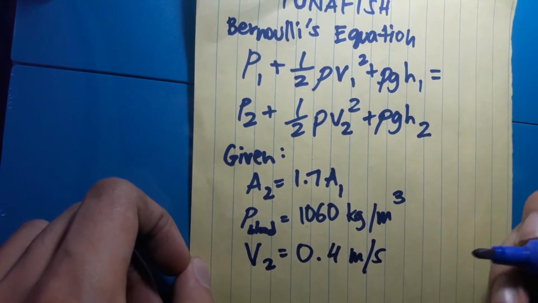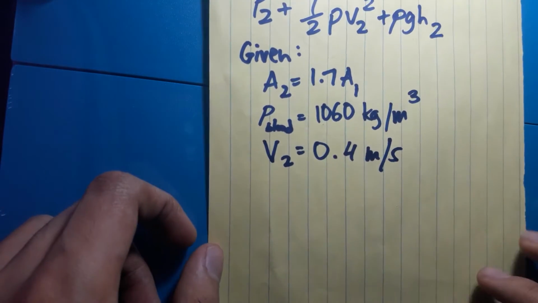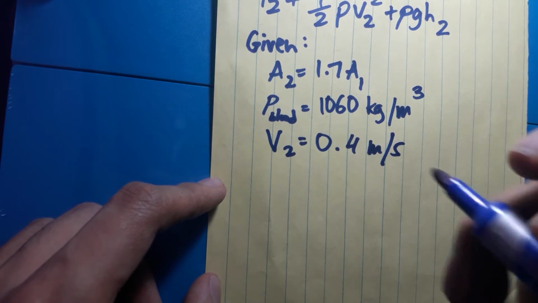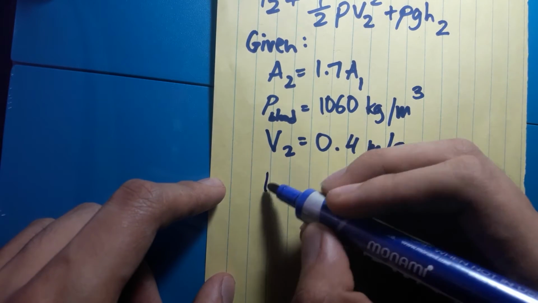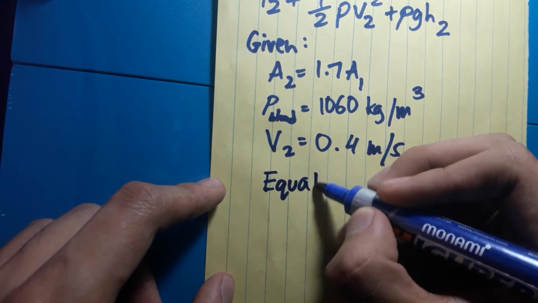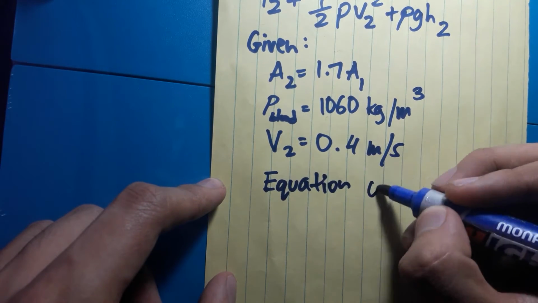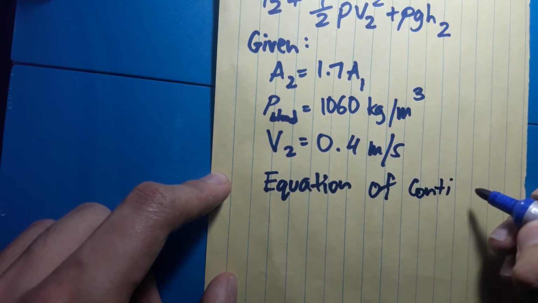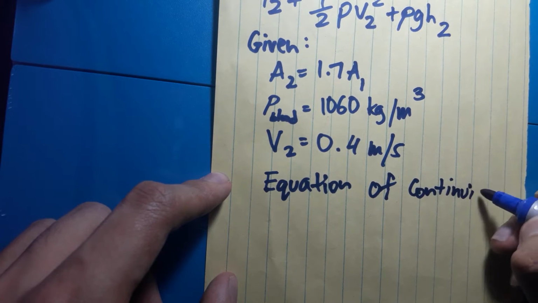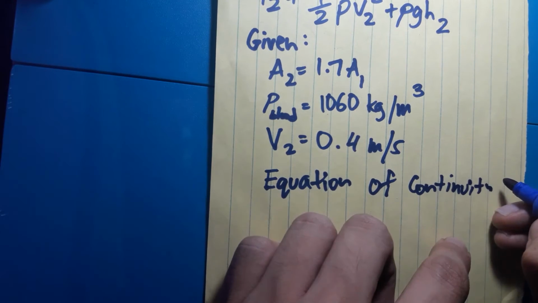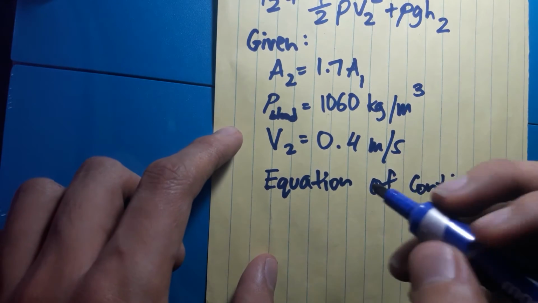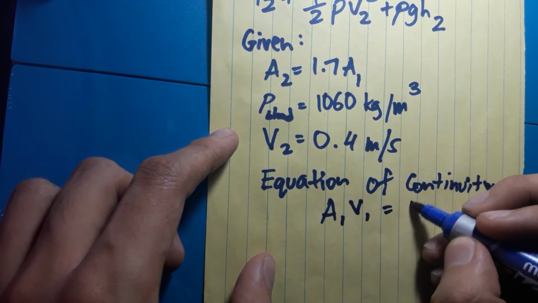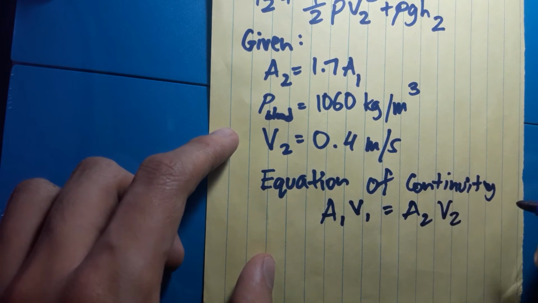To answer this question, we need to recap our equation of continuity, which says that A1 V1 is equal to A2 V2.